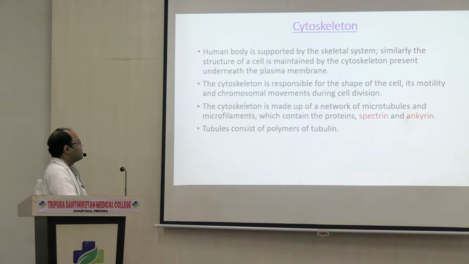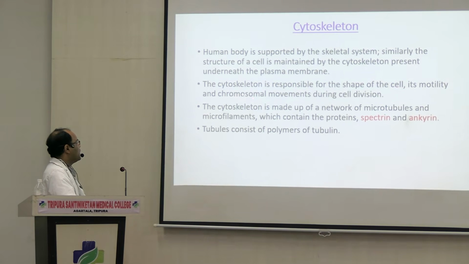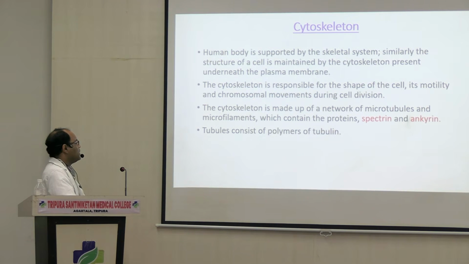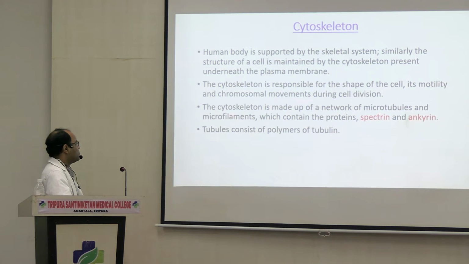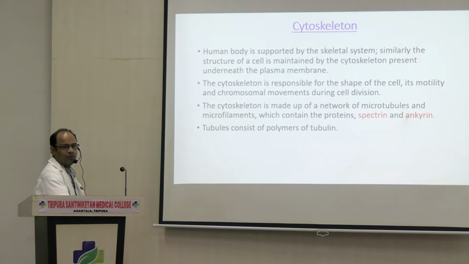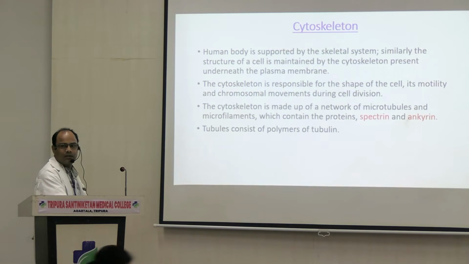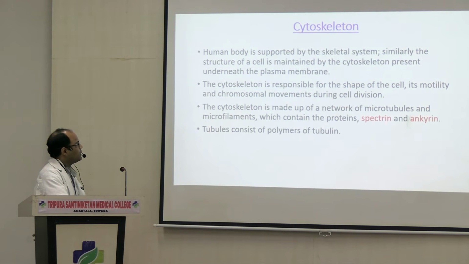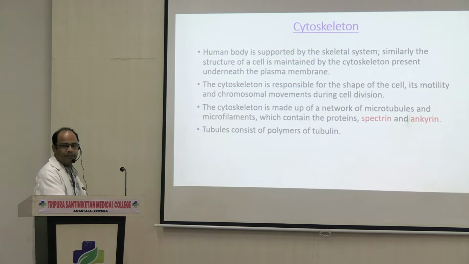This is responsible for the shape of the cell, its motility, and chromosomal movement during cell division. The cytoskeleton is made up of a network of microtubules and microfilaments. Examples are spectrin and ankyrin. These are again very favorite MCQ questions in NEET PG.